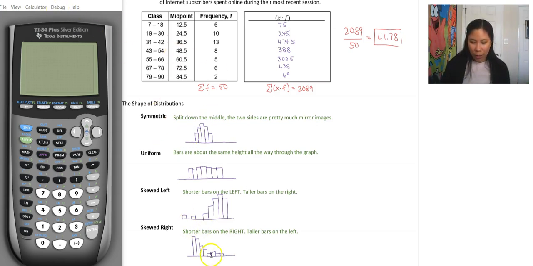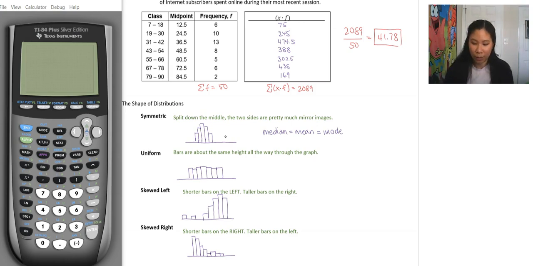So knowing our shapes, it's actually pretty easy to tell where the mean, median, and mode would be within each of our graphs. So looking at symmetric, if it's the same on both sides, then that means the mean and the median should be right in the middle. So the median, when it's symmetric, is going to be pretty much the mean, and then the mode is when it occurs the most.